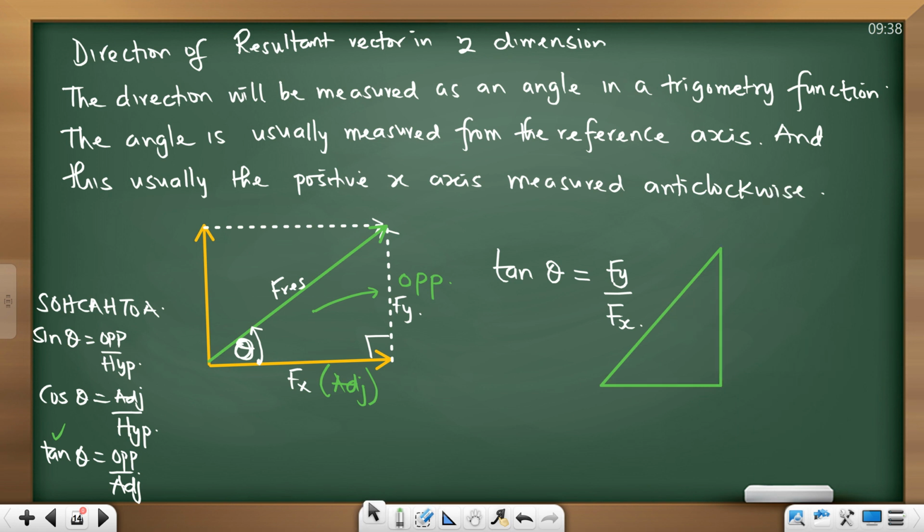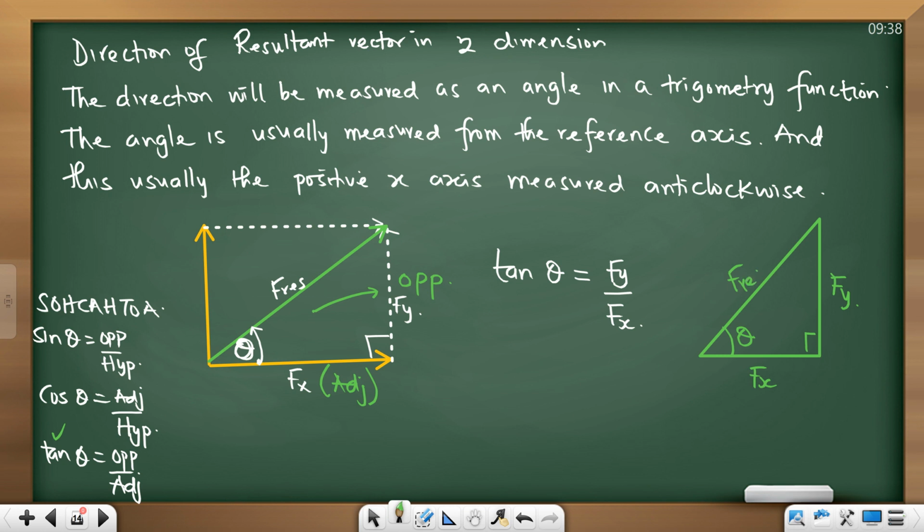Let's go to our trigonometry quickly. This is Fy. Y is vertical. Fx. And I am looking for that angle. And this is 90 degrees. This is F resultant. It's just basic trigonometry now, right?